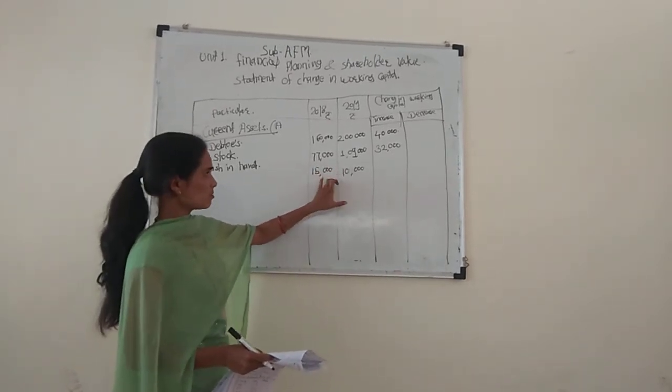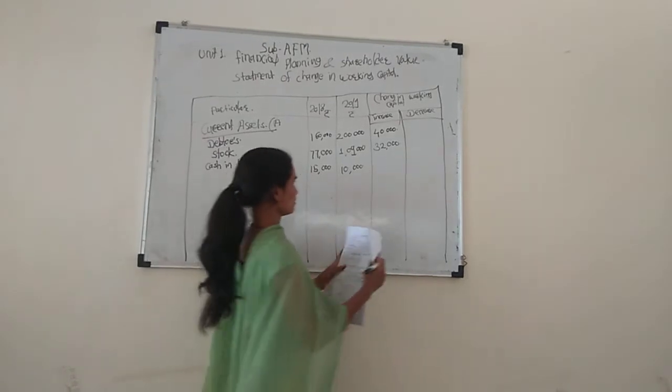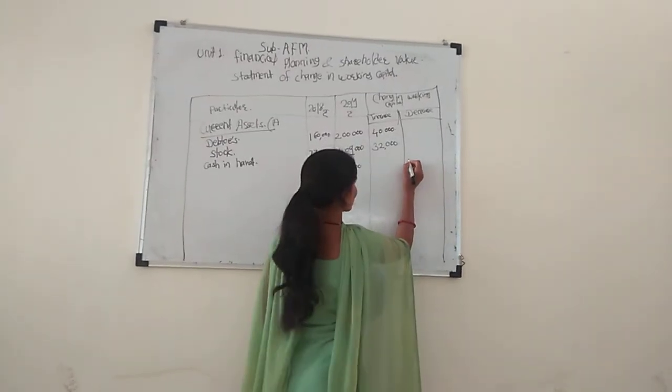This is a loss, which means a decrease of 5,000, in the decrease column.